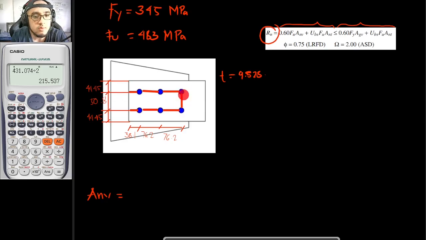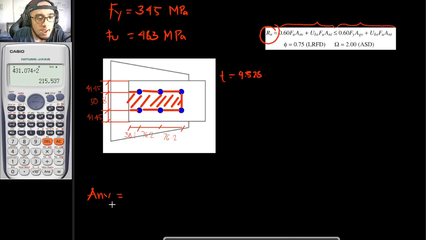So this one would give you the lesser value between the two options. If you are not sure whether this is the governing block shear setup or the other one, it is better to solve for them individually, then compare. So once again, I would be solving for this one right here. This is to be my block shear failure.